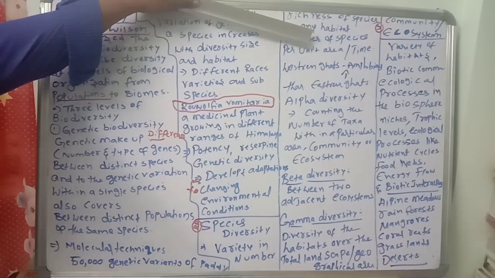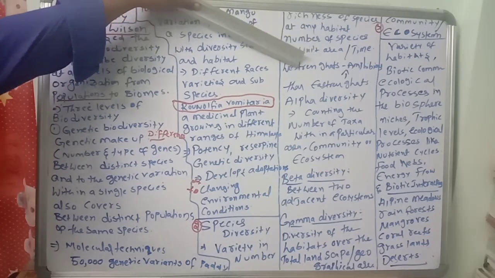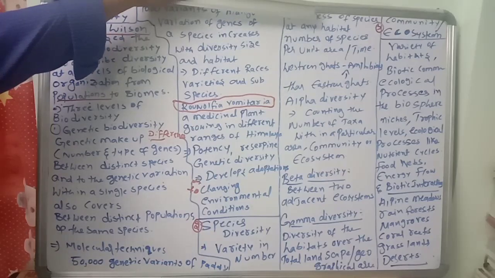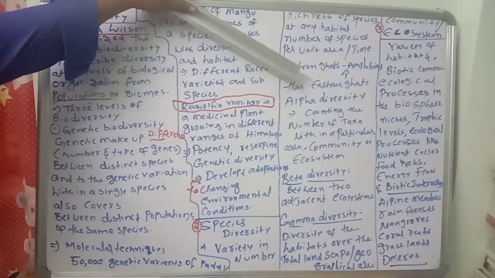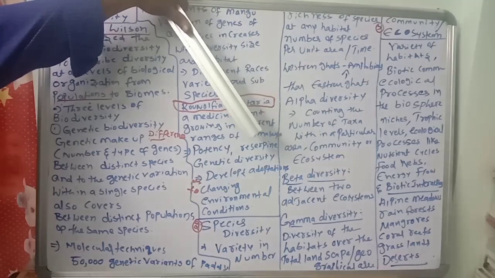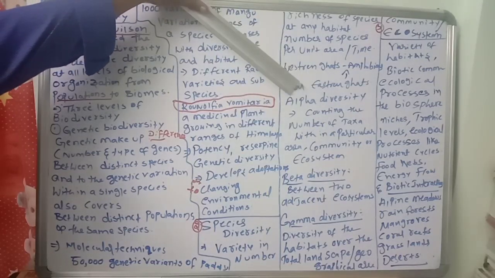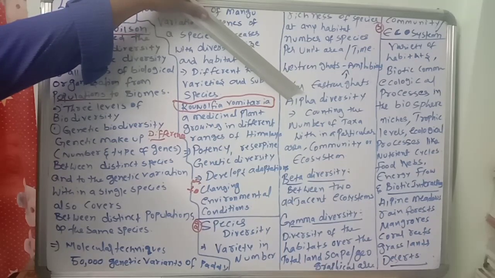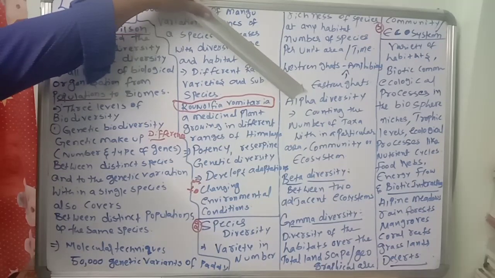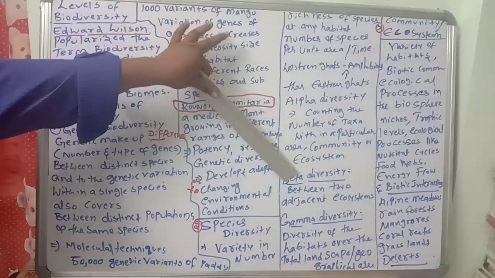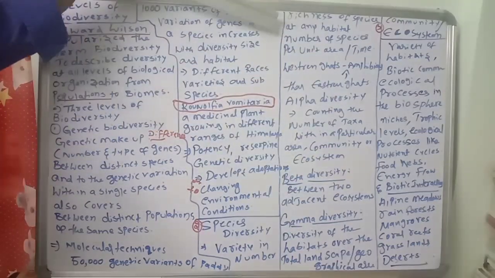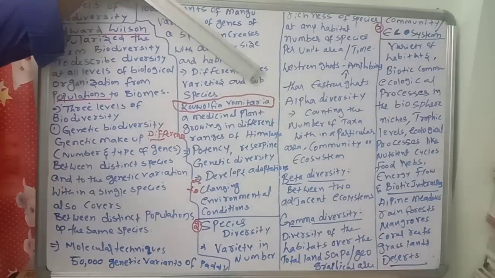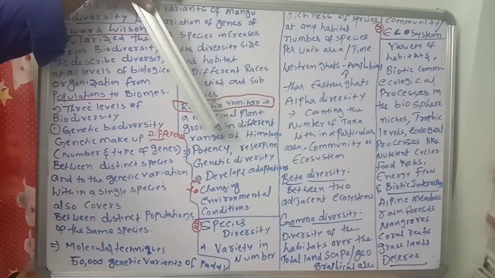The three indices of diversity are, number one, alpha diversity. This is the most important. Alpha diversity, beta diversity and gamma diversity. So the more number of species in an area, the more is the species richness. This one also you know.